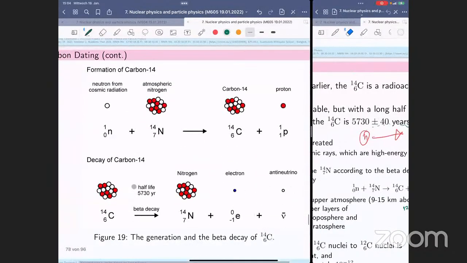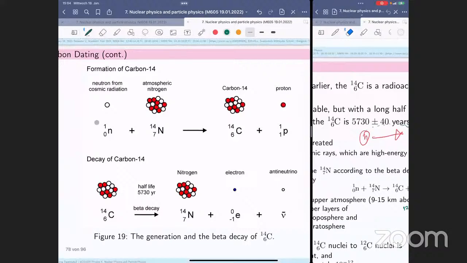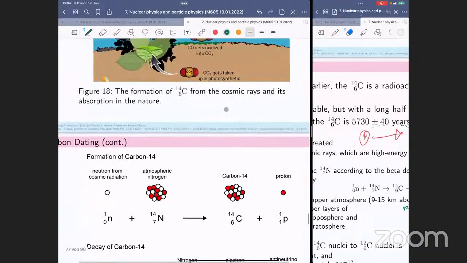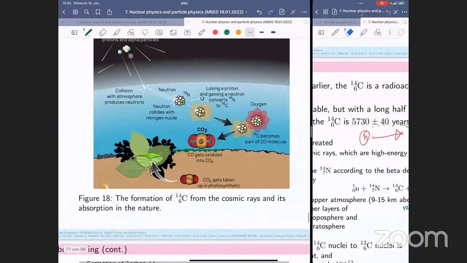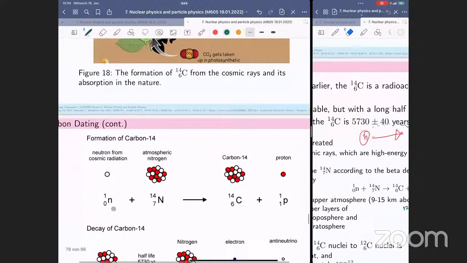But for us in physics, we're going to analyze it. The formation of carbon 14, the generation of carbon 14, is right here. A neutron will hit the nitrogen nucleus, and you see that there are 7 protons, the red ones.